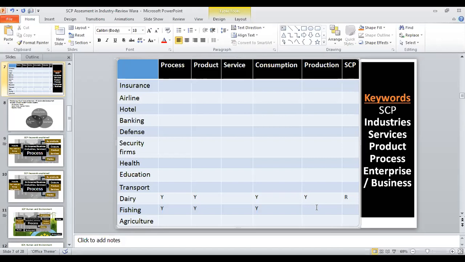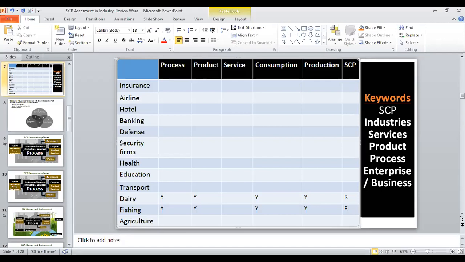Catching fish means harvest. On the shore there can be factories that process fish. So sustainable consumption and production has a relevancy.